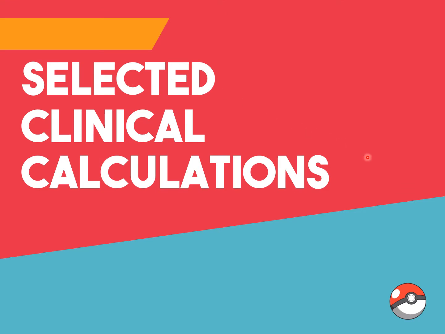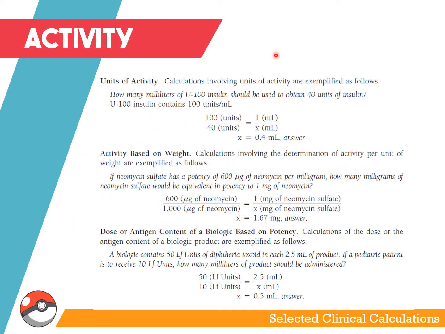Selected clinical calculations. Okay, so here are problems involving activity. So first, units of activity. So example, how many units of U100 insulin should be used to obtain 40 units of insulin? So we must know that U100 insulin contains 100 units per ml.